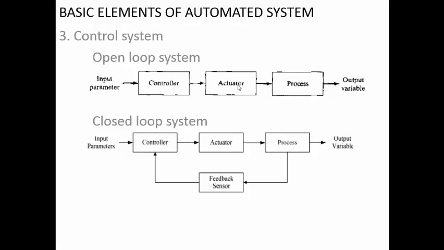In the case of the heat treatment furnace, it is the heating coil. Based on the signal, the actuator is going to perform the particular task in the required fashion so that the process is happening. Then at the end of the process, you will be measuring something to know whether the process has happened as per the expectation, and that will be the output variable.